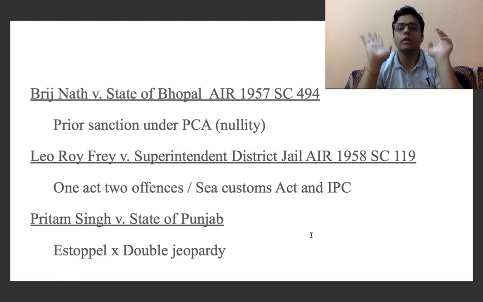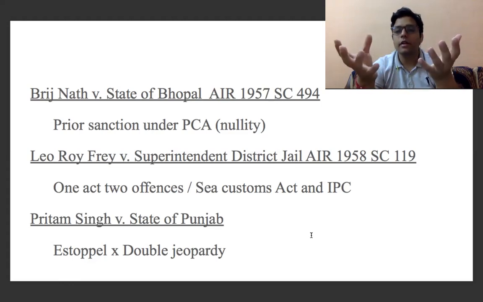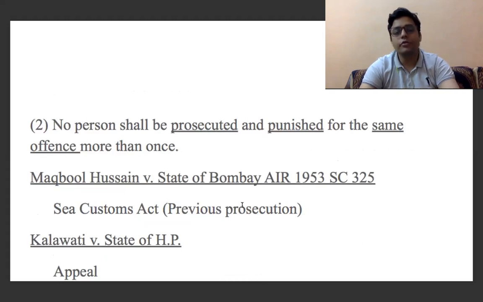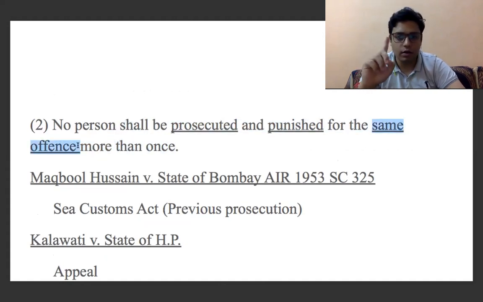So this was the question in this case. In this case, the act that was committed by the offender was falling under both the Customs Act and IPC also. So the Supreme Court held that the term used under sub-article 2 is same offense, not the same act. Okay?